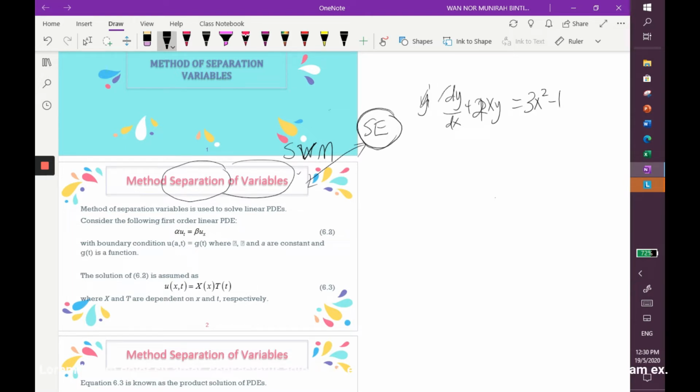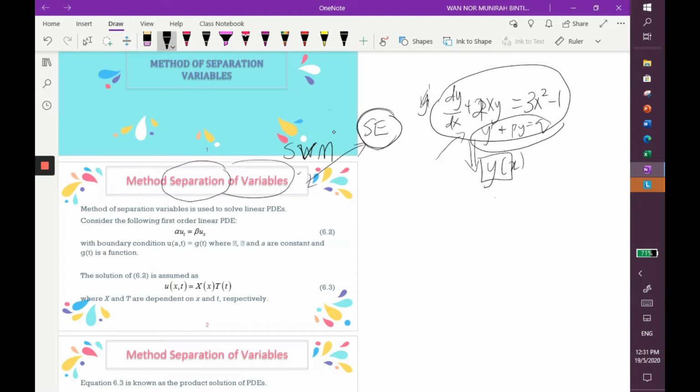You know that this is a linear equation in the form of ay prime plus by equals c, or y prime plus py equals q. You try to solve this equation, and the solution that you want to find is y as a function of x, remember? That is the first order linear differential equation.